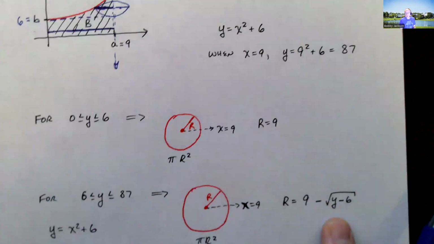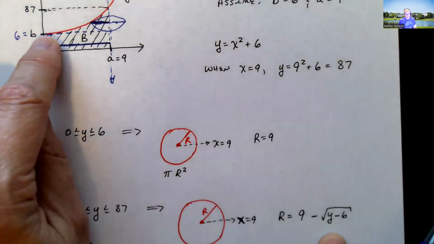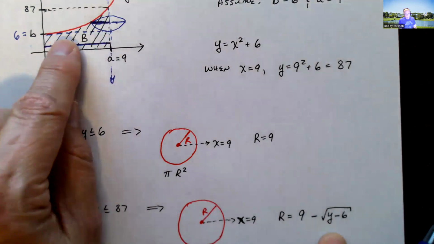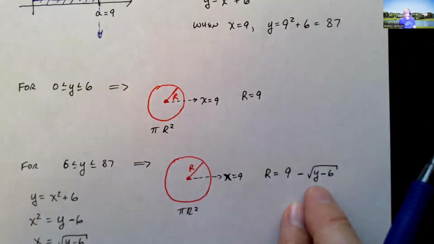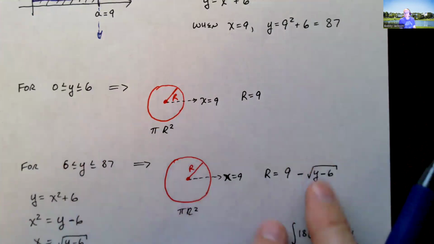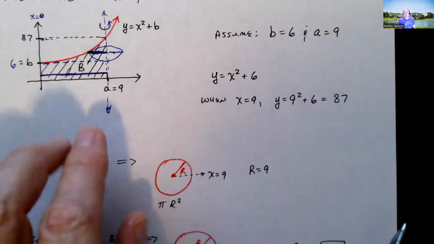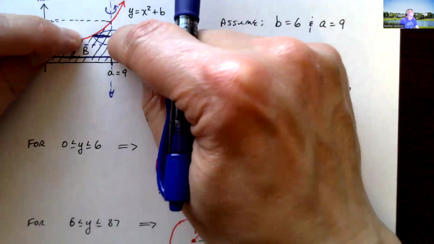And notice that's going to work here because when y is 6, the length of our rectangle should be 9. So plug in y equals 6 here, and what do we get? This becomes 0, and I get 9. But then notice as y gets bigger, I'm going to be subtracting stuff from 9, making the radius smaller and smaller and smaller, getting closer and closer to what? 0.